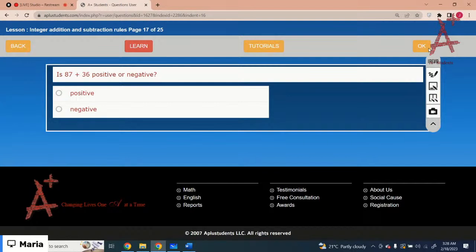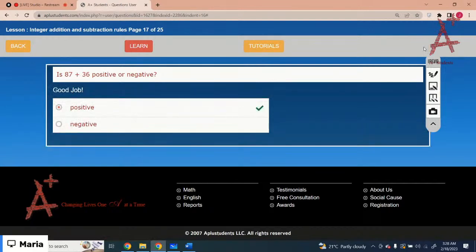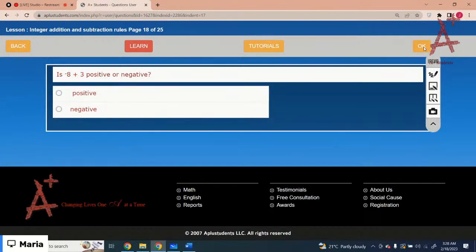Both the numbers are positive, so the answer must be positive. Okay, is negative 8 plus 3 positive or negative? 8 is greater. Got it? 8 has a negative sign, so the answer must be negative.